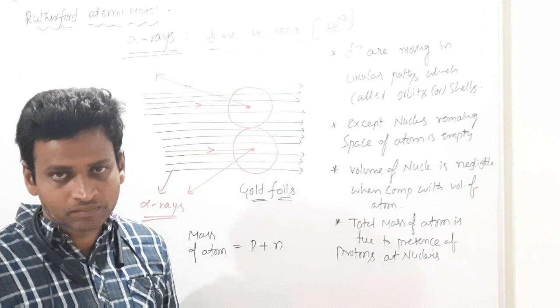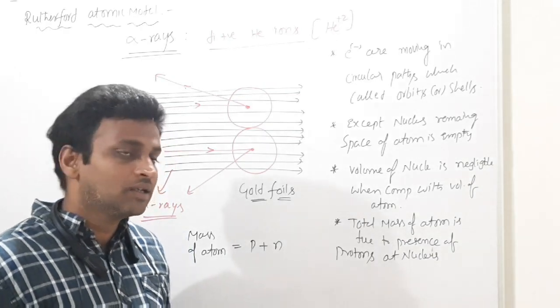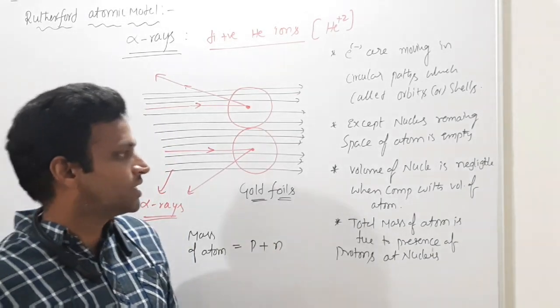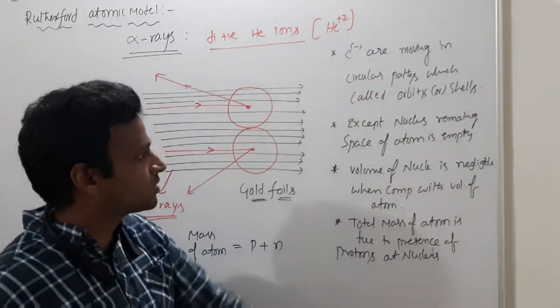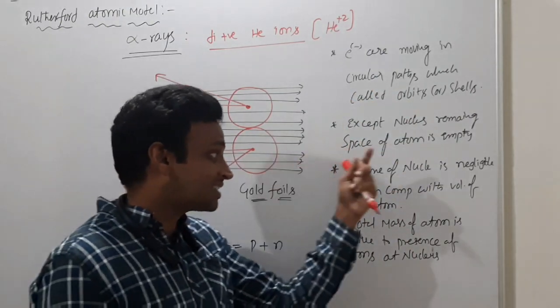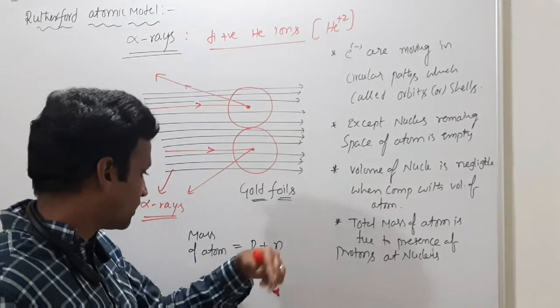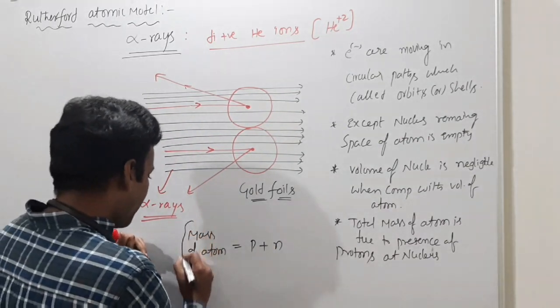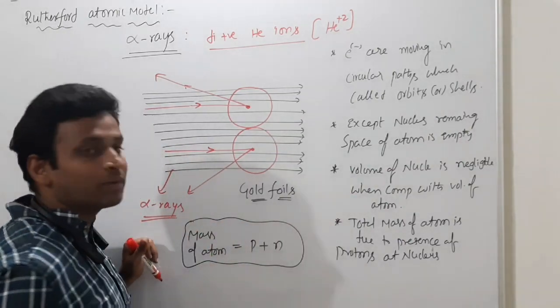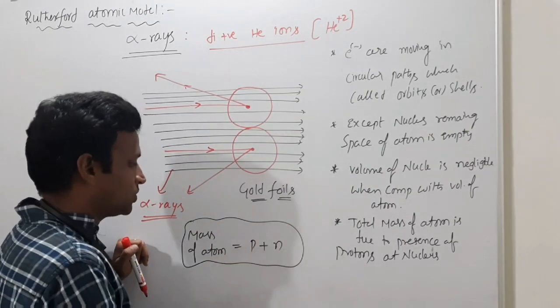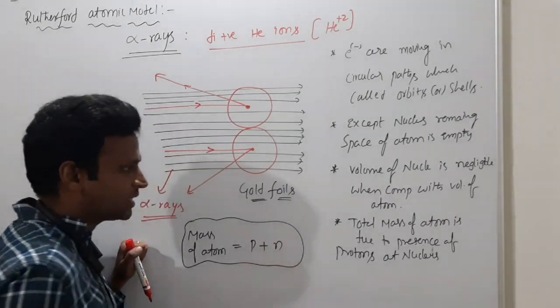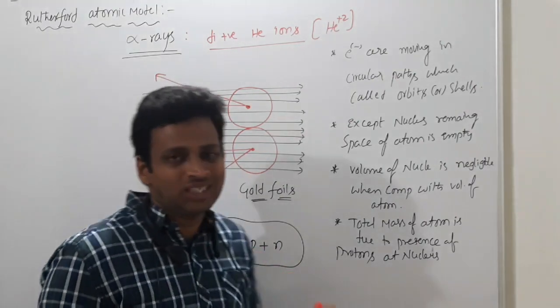But here he gave many good things, like how electrons are revolving and what the nucleus consists of, and one more simple thing was corrected by Chadwick: the mass of the atom equals protons and neutrons. So many things became easy to know.